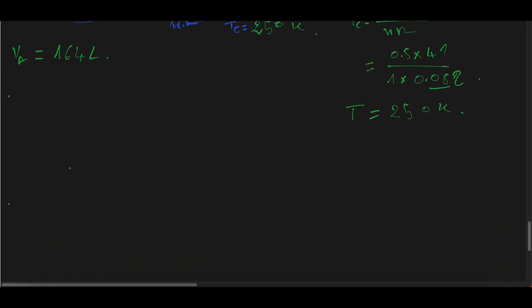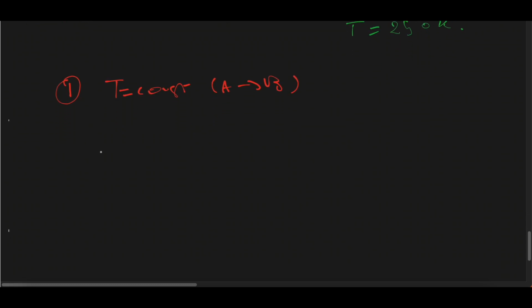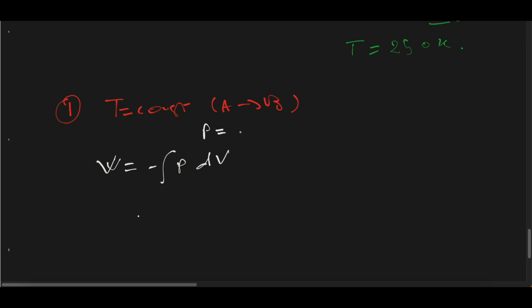We start with the first one, which is isothermal, from A to B. So we start first with the determination of the work. The work is equal to the integral of P dV. Because it is an isothermal change and the pressure is not constant, we'll replace P by these variables, because it is a perfect gas.